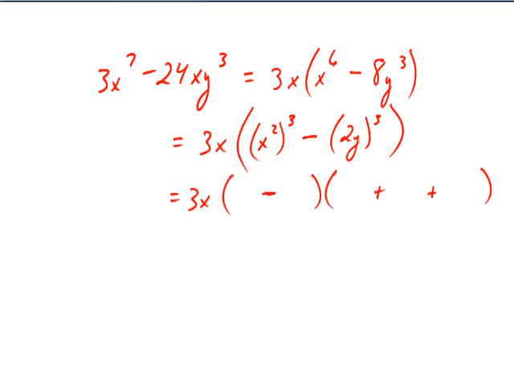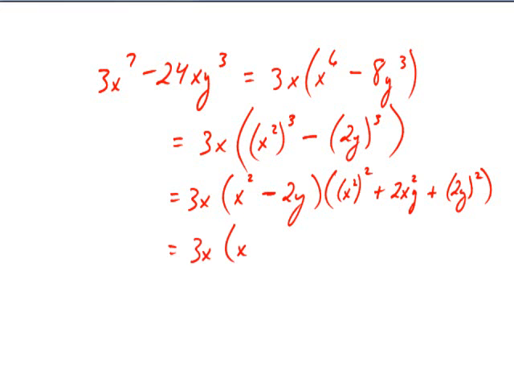I can take out, for the binomial, what's in parentheses, x squared and 2y. For the first term in the trinomial, I can take the x squared and square it, and the 2y and square it for the last term. And the middle term is a combination of the 2y and the x squared, 2x squared y.